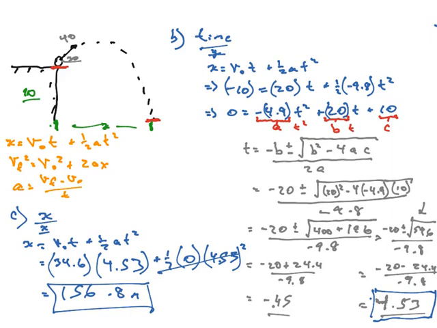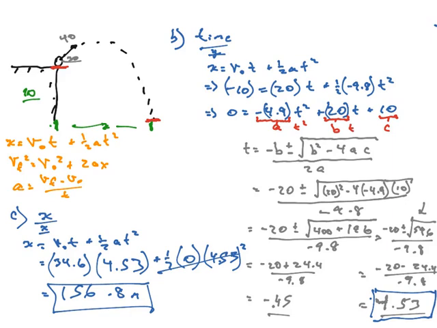And in general, you're going to find that one of the times is negative and one of the times is positive. Not always, but usually it's like that. If it's like that, you always take the positive one. If it's not like that, if they both happen to be positive, then you just use your intuition and think which of the two times makes sense.